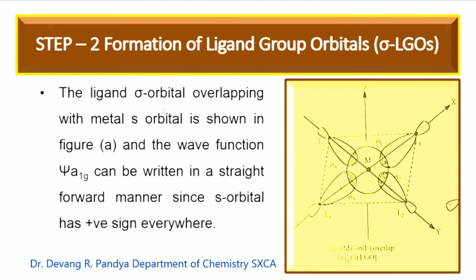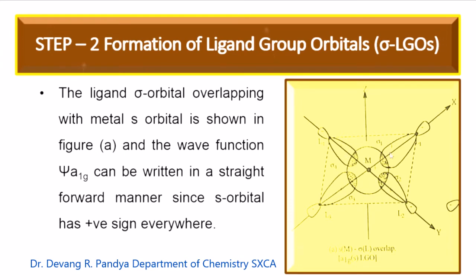The ligand sigma orbital overlapping with the metal s orbital is shown in this figure, and whatever overlap takes place with 4s is symbolized by the wave function psi a1g. It can be written in a straightforward manner, since the s orbital has positive sign everywhere, plus plus plus plus on all the axes.